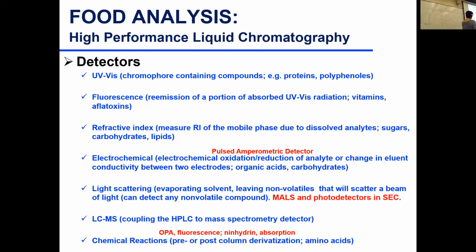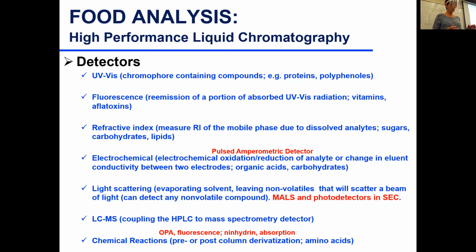So another common detector is based on electrochemical reactions. So you have the pulse amperometric detector, for example, that is basically measuring oxidation reduction of analytes. So your analytes that can be oxidized or can be reduced, like phenolic compounds, for example.